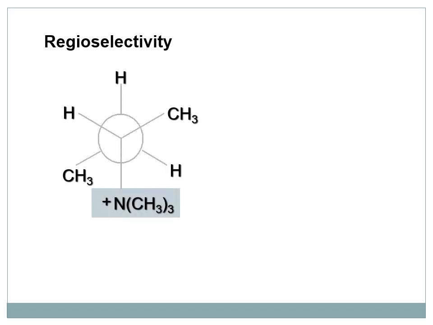As compared to this, conformer 2 of the quaternary ammonium salt leads to form but-2-ene as minor product.